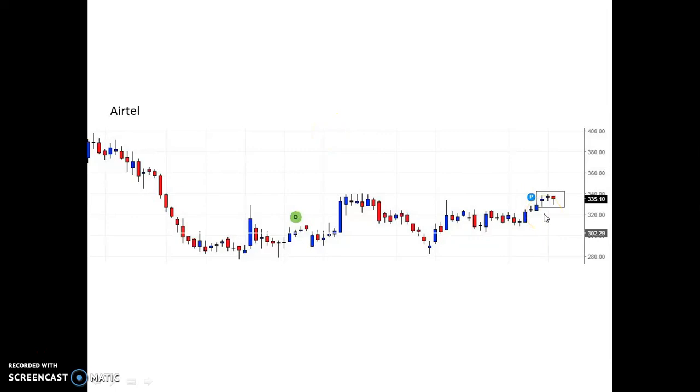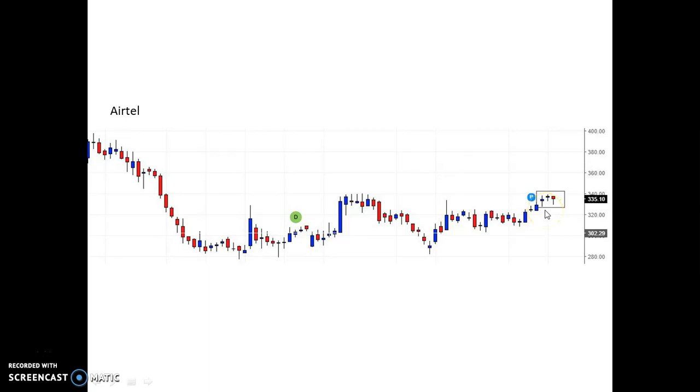The upside Tasuki gap, for that I have selected, recently the Airtel stock has formed an upside Tasuki gap. It is a three candlestick structure. The upside Tasuki gap pattern is formed when a series of candlesticks demonstrate the following.